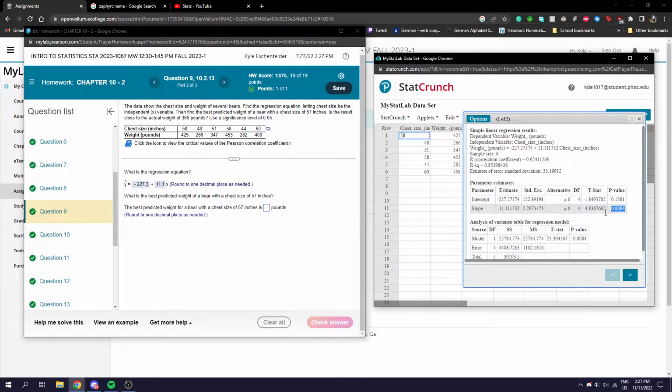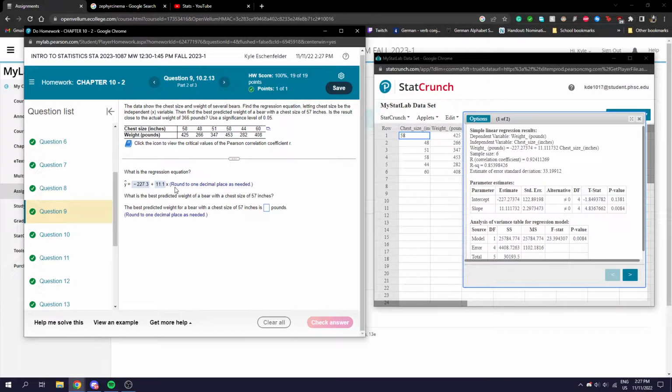It's always this bottom one. If it is lower, then it supports the claim of a linear correlation. And if you have a linear correlation, that means you use the equation. So if the p-value is less than the significance value, which it definitely is, then you use this equation, and all you have to do is plug x into the whole equation.